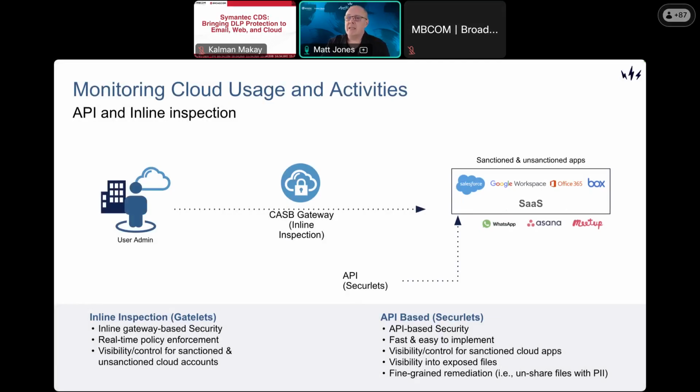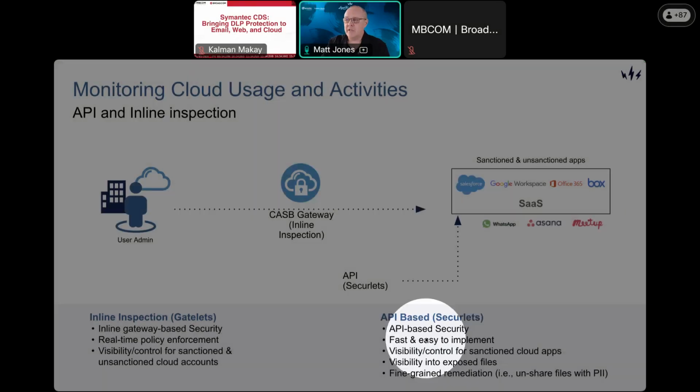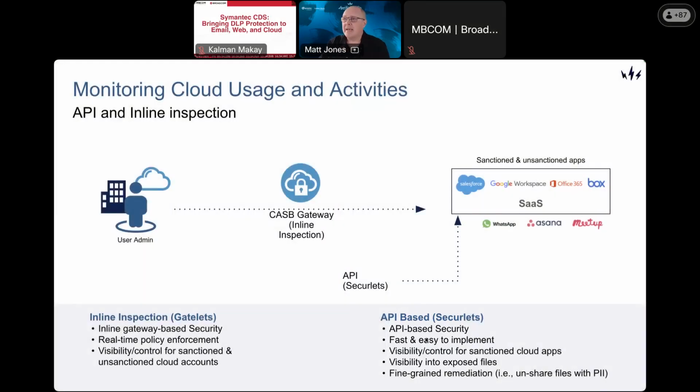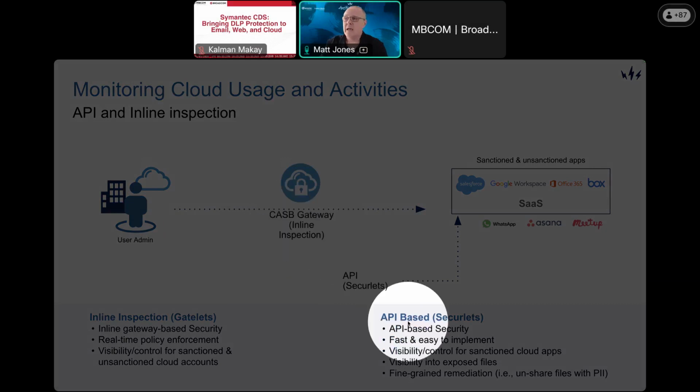And then we've got these securelets, which are the API-based systems. Again, we can see the data going over. We can see the data landing in the SaaS environment, but we take action after the fact. So ultimately, the gatelet requires being inline, in line with the data, whereas the API can be inspected afterwards.